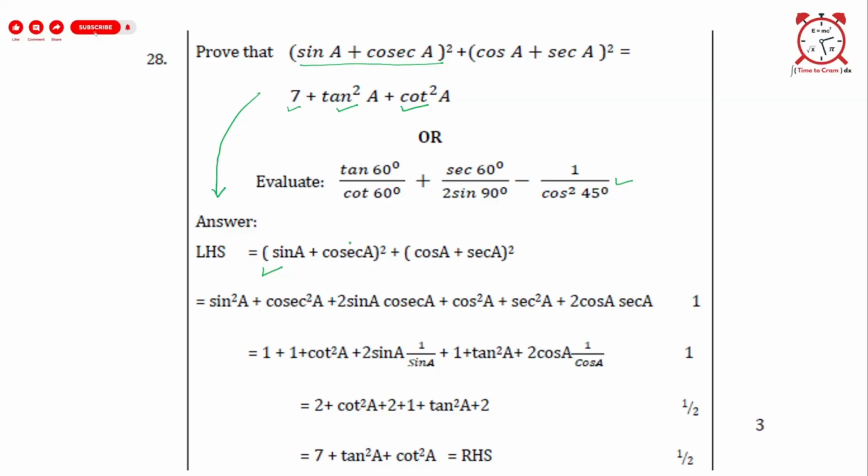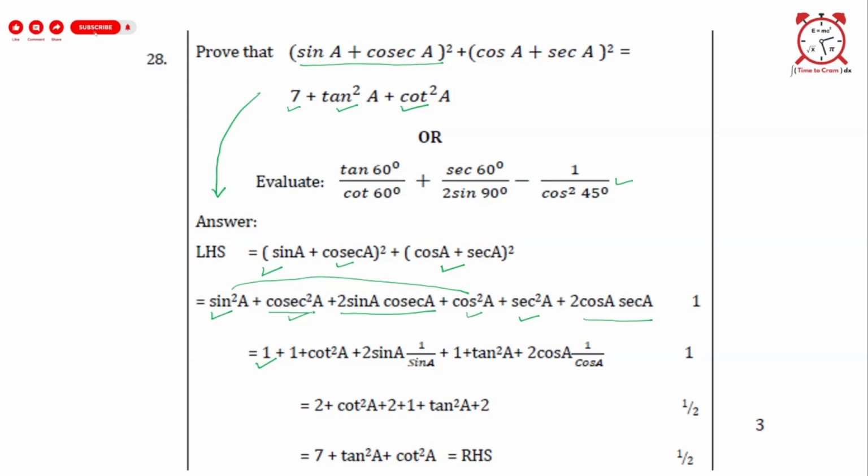Now the algebraic identity, I just wrote in the previous sum. (A plus B) whole square equal to A square plus 2AB plus B square. This identity only we are using here. Okay, sin square A plus cosec square A and the middle term 2 sin A cosec A. For the same, cos square A plus sec square A plus 2 cos A sec A. Now you can see here, students, sin square A plus cos square A is 1 as per the trigonometric identity.